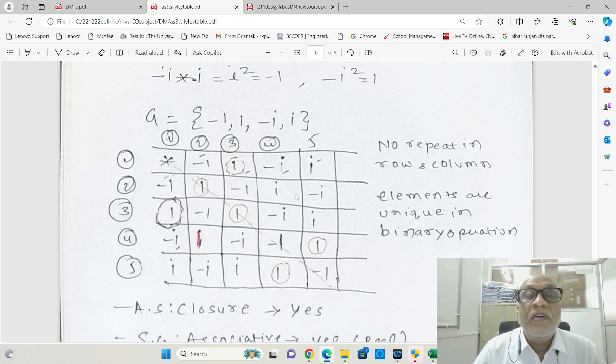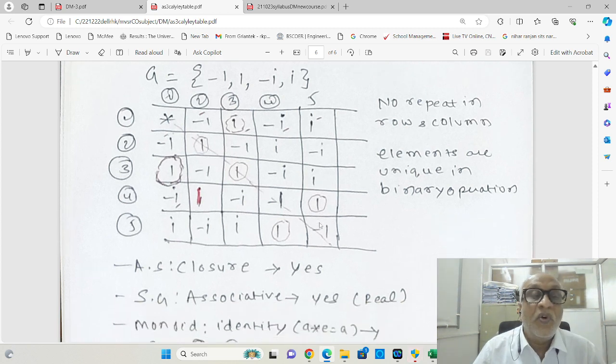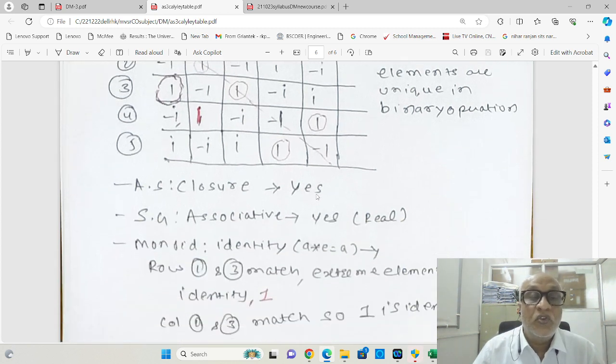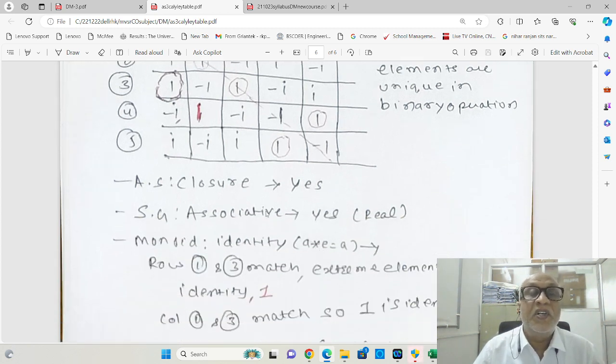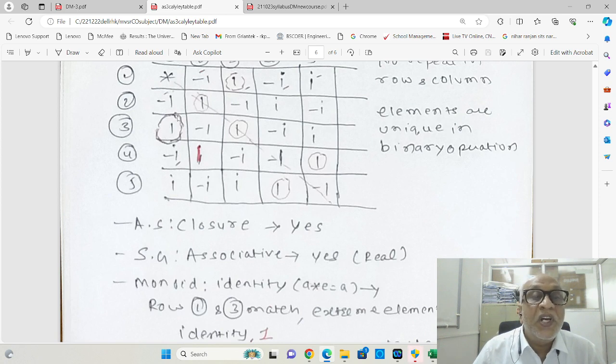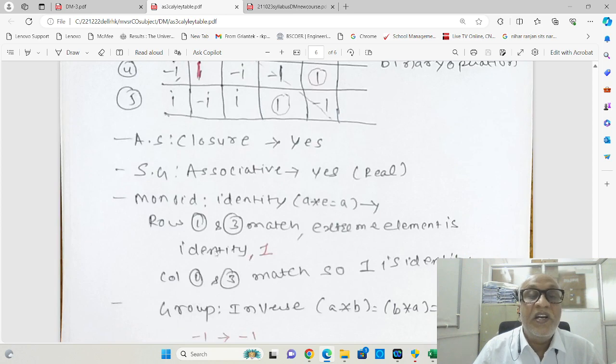The next row is not matching. Minus 1, 1, minus i is matching. So row 1 and row 3 are matching. If they are matching, we take the extreme element of the row, which becomes the identity. The extreme element of the row is 1. So 1 is the identity for this row.